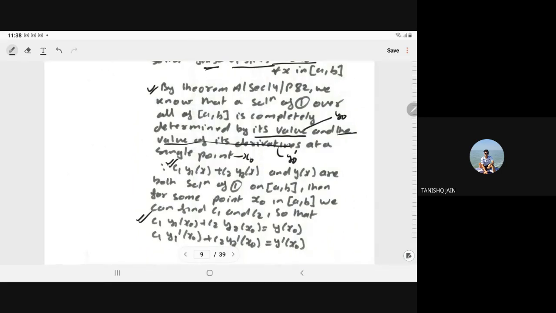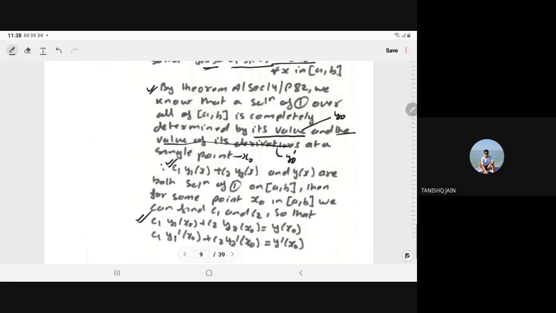If we can write both solutions in this way on the interval AB, then for some point x naught in AB we can find c1 and c2, so that if you are able to determine c1 and c2 such that these two equations are equal, then only we can say y is equal to c1 y1 plus c2 y2.